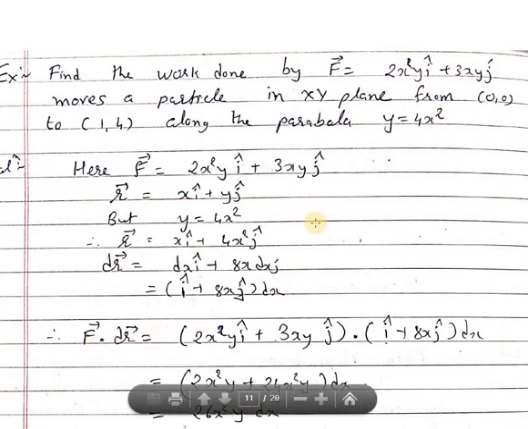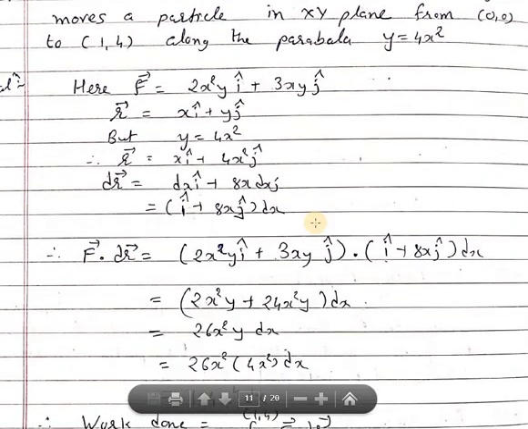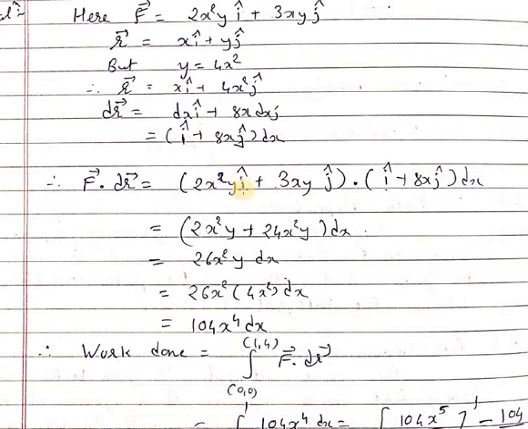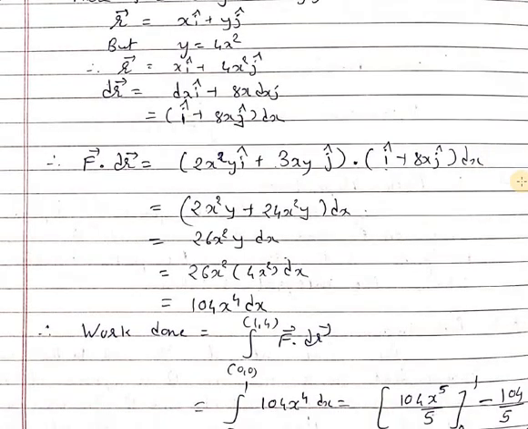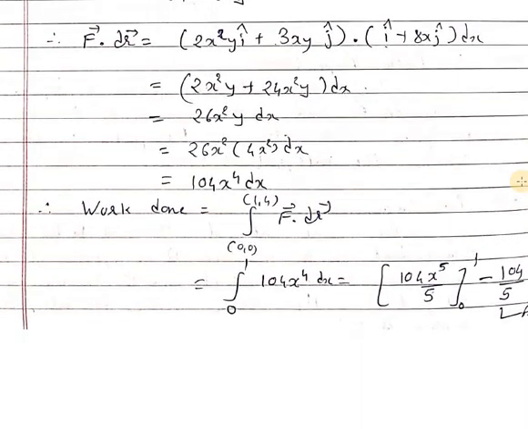So F dot dr will be (2x square y i plus 3xy j) dot (i plus 8x j) dx, and if you take the dot product, it will be 2x square y plus 24x square y dx. So that will be 26x square y dx, but y is again equal to 4x square.